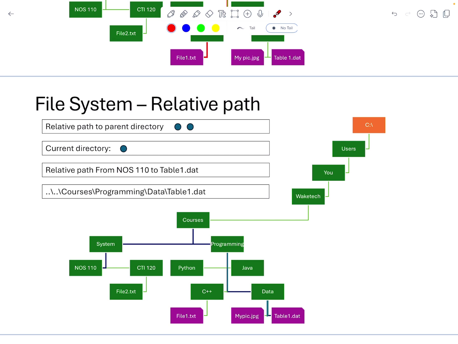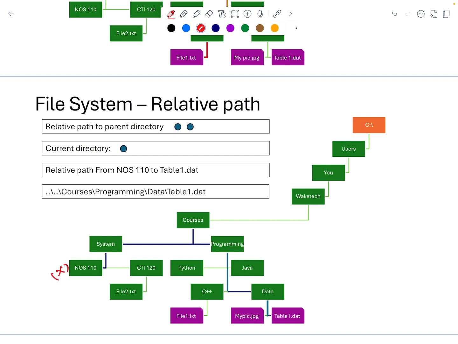Okay, so let's look at the example here. I want to build a relative path from NAS110. That's key. That means currently I am stationed right here in NAS. Let me change my pen here. Okay, right now I am here.